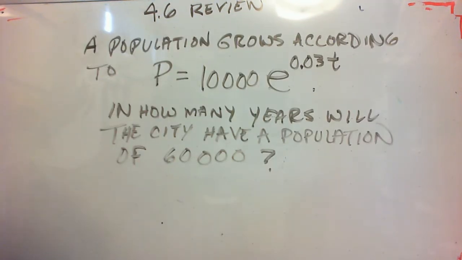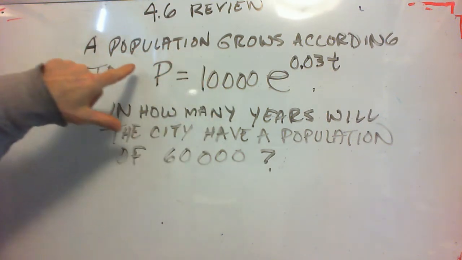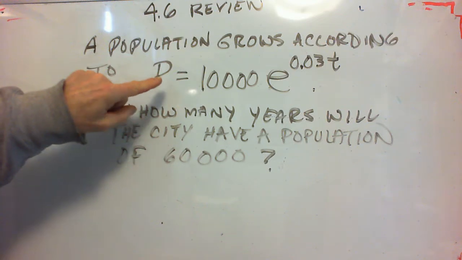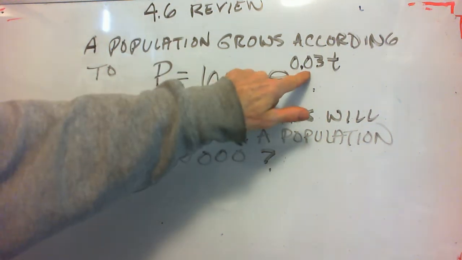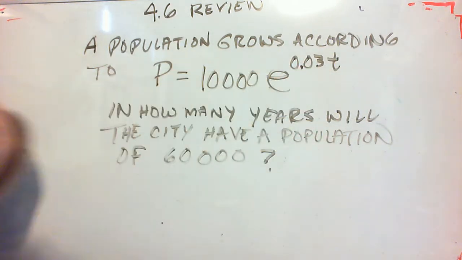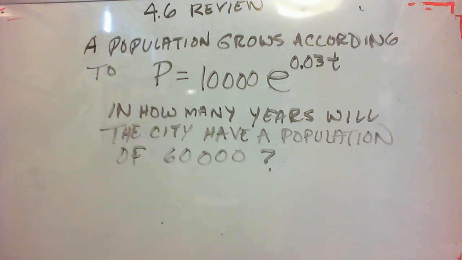Okay, in this next problem, a city has a population that grows according to this model. P equals 10,000 times e to the 0.03t power. In how many years will the city have a population of 60,000?